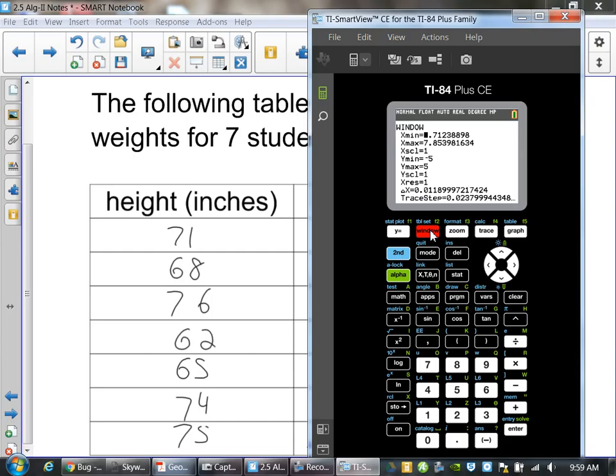Our X minimum is 0, our maximum is 200, and the scale goes by 1 each time, so it might be difficult to see a decent scatter plot.